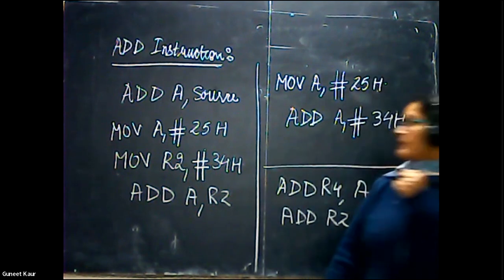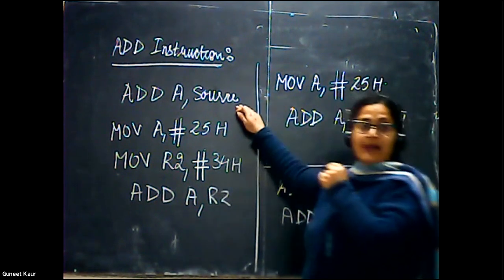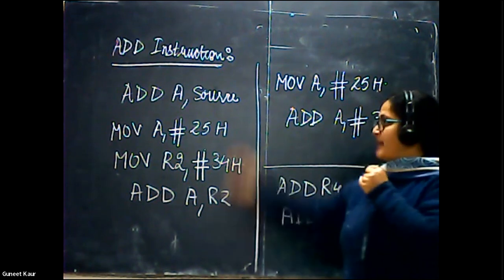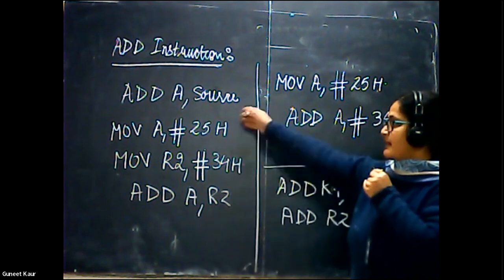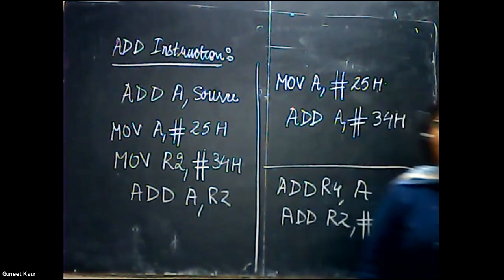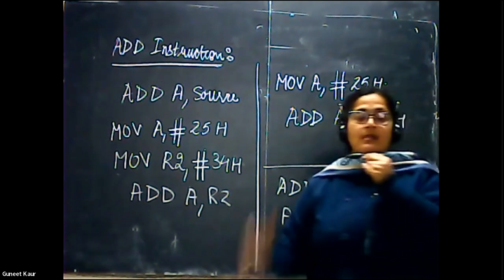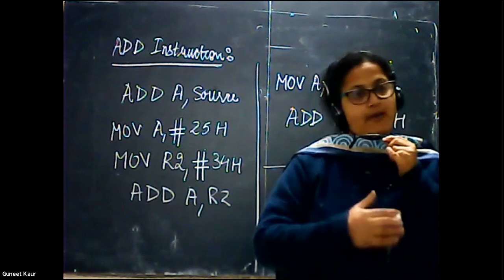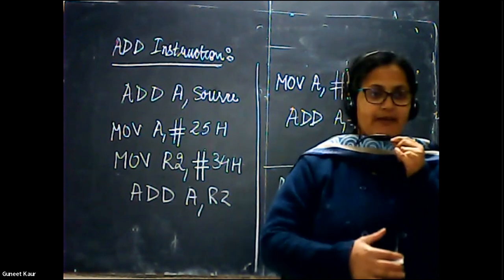Okay. In 8051 we use the add instruction, and the instruction format is written like this: add A comma source. Add A comma source means the source contents will be added to the accumulator and the final result will be stored in the accumulator finally.